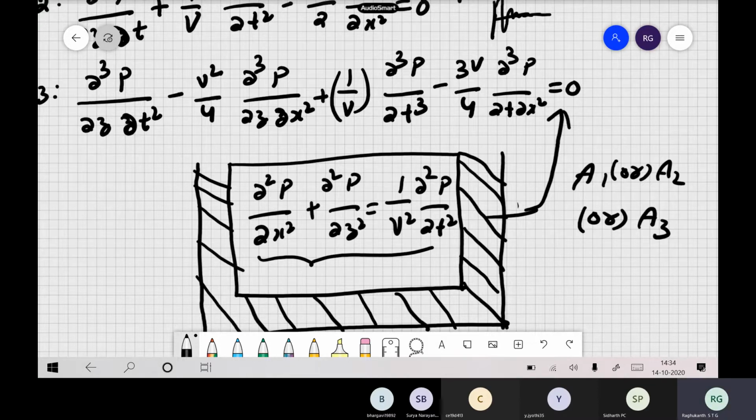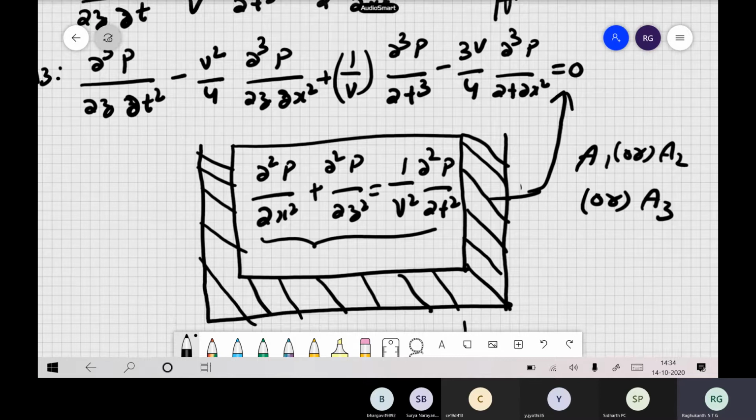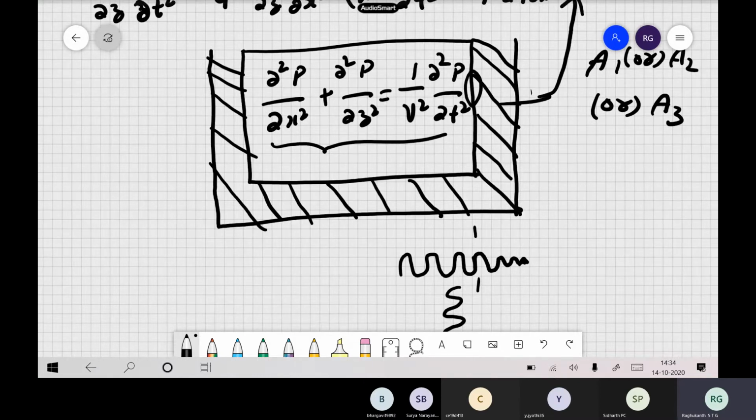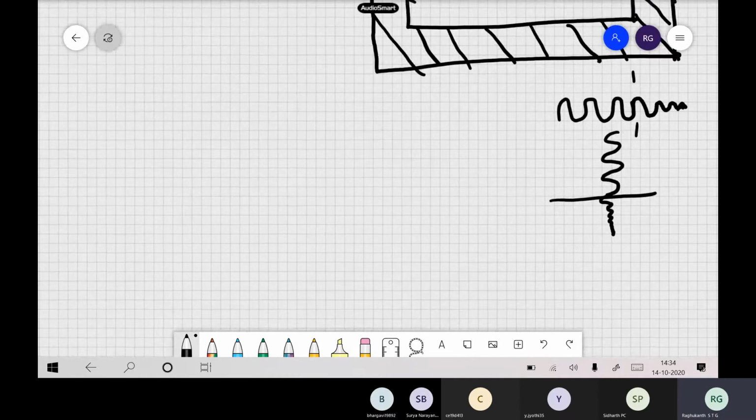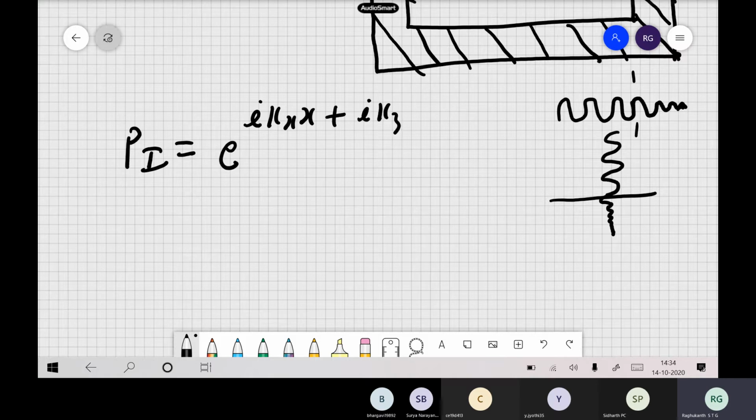This is one way people used to do it in the olden days. Generally at these boundaries, let us say the incident wave, the wave which is hitting the boundary, is written as e to the power of i kx x plus i kz z minus i omega t.